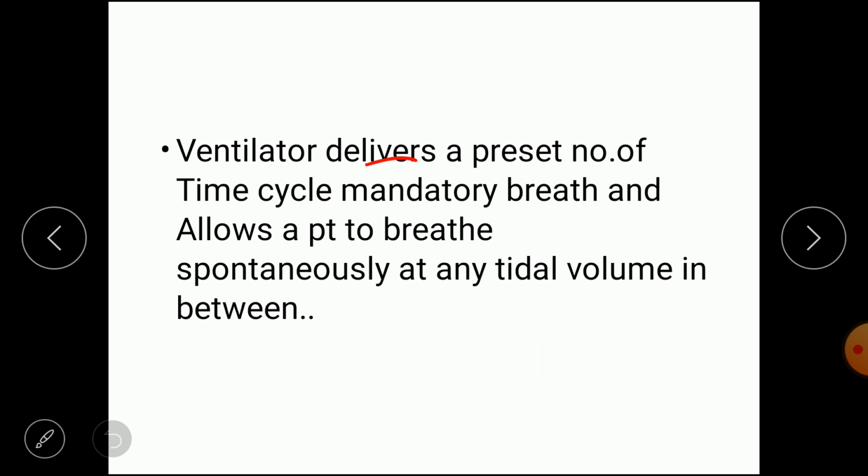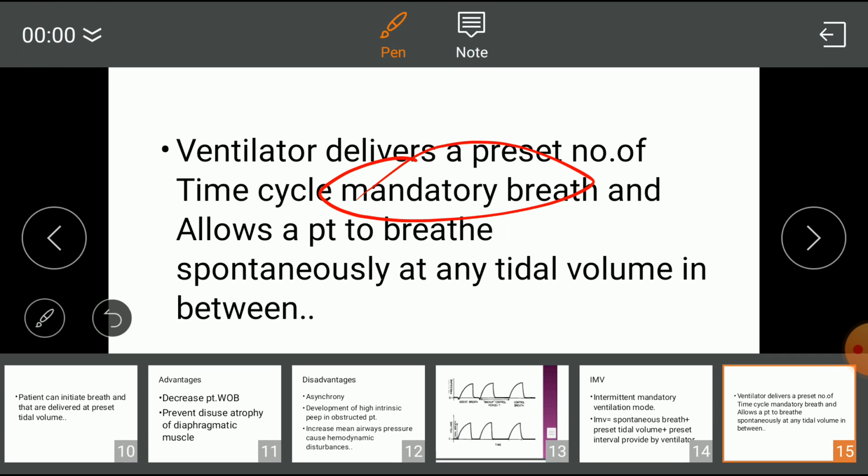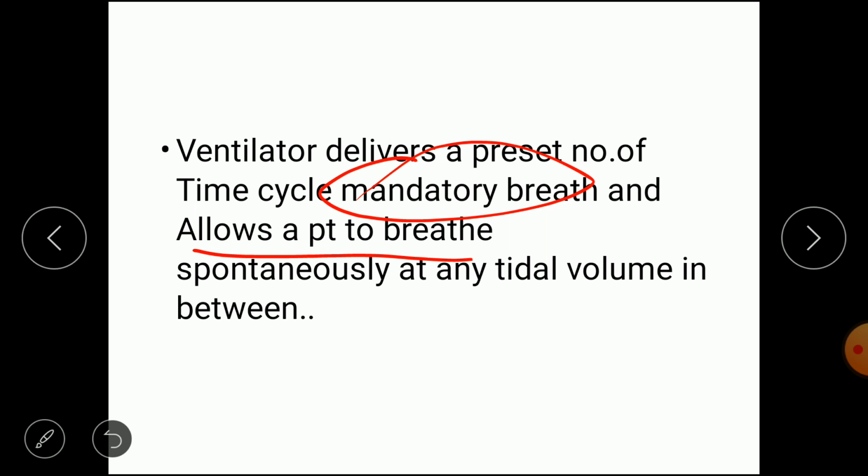Mandatory breath means controlled breath. The patient can also breathe, and the machine also provides a specific amount of preset tidal volume, and it is mandatory, that means it is controllable, and it allows the patient to breathe spontaneously at any tidal volume in between. The patient can also do spontaneous breathing in between mechanical ventilation tidal volumes.